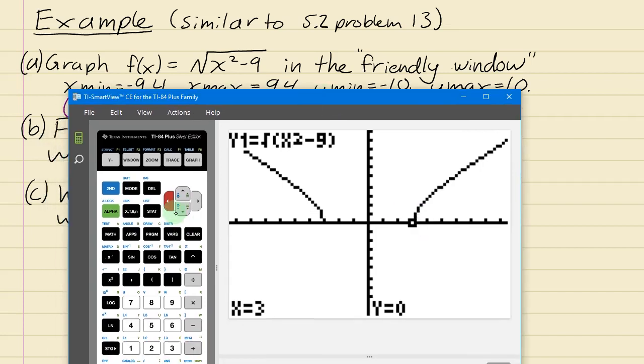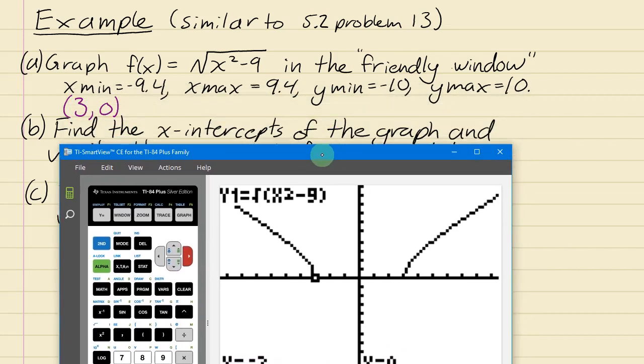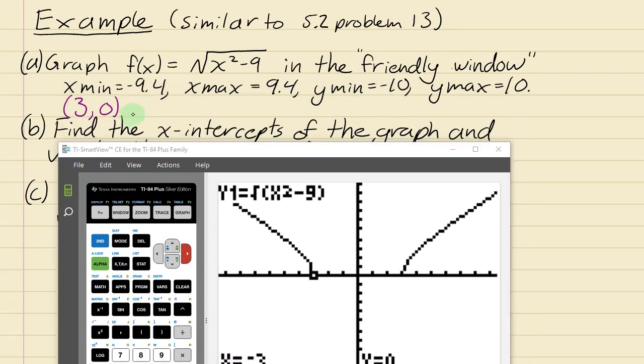And then if we trace all the way to the other side, oh, went a little too far. Right here, that's a point where y is 0, so that's another one. So we have 3, 0 and negative 3, 0 as answers.